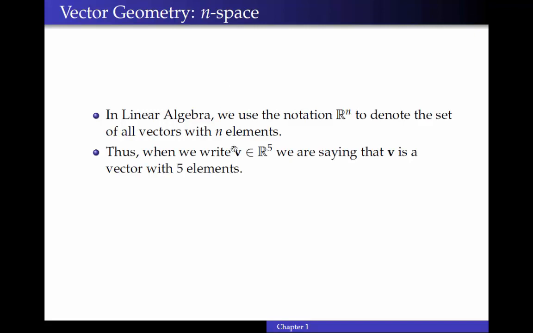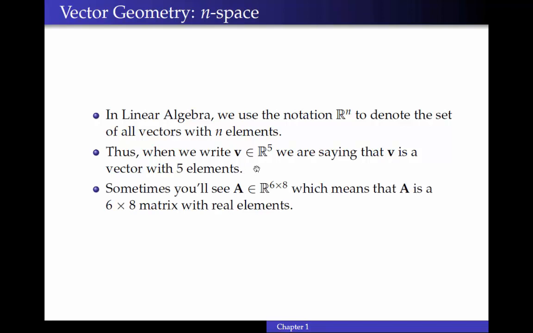So if we write v, and this little symbol here means is in the set R^5, we are saying that v is a vector with 5 elements. Sometimes you'll see something like A is in R^(6 by 8), which means that A is a 6 by 8 matrix with real elements.